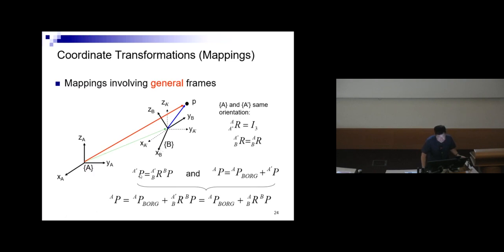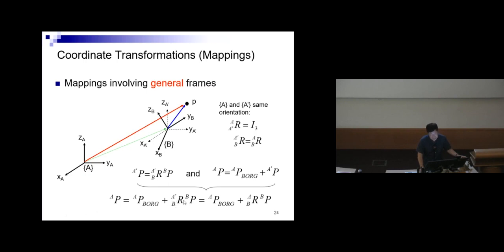So the same thing. The A prime P will be equal to A prime B R BP, and the AP will be equal to AP B origin plus A prime P. So you have this translation of the origin, and then this is the rotation matrix due to this. So you sum them up and put them all together, and you end up with AP equal to AP B origin, which is a translation, followed by the rotation of the frame.